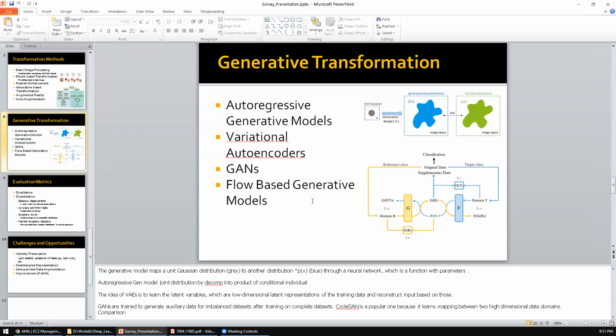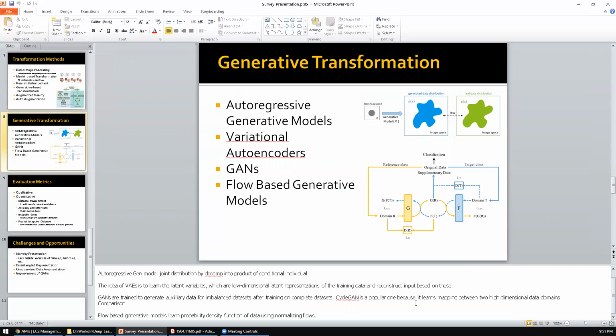Next is the general architecture of the CycleGAN, and this learns the mapping between two high dimensional data domains. Traditionally, most GANs learn a mapping between a low dimensional and a high dimensional data domain. So GAN tries to figure out, say, how a person looks when they're younger versus how they look older, doing that delta between a lower dimensional domain and a higher dimensional domain.